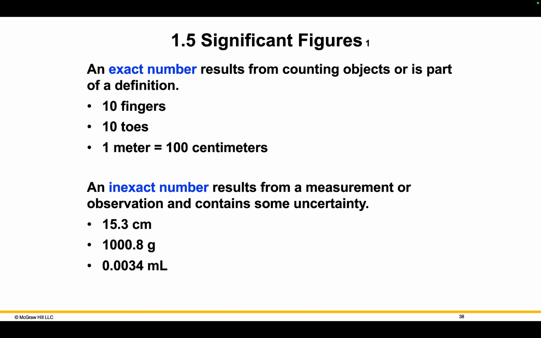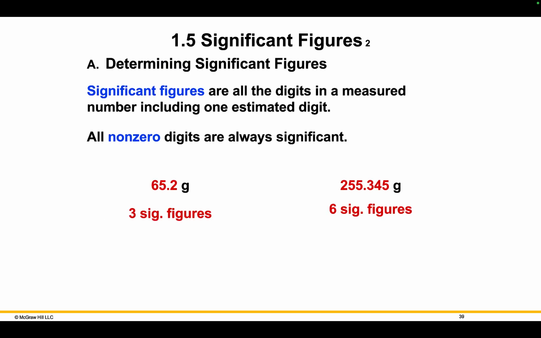There's a limit to how many decimal points I can provide, right? I can't say I have 15.679437 centimeters because my ruler is not precise enough to measure out that far. And so when I'm measuring something, I can only be as precise as my instrument allows me to be. And so that's where significant figures comes in.